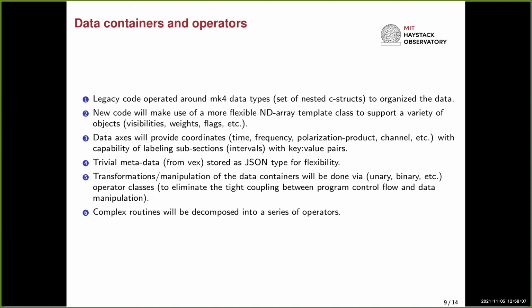And we should be able to label individual chunks of those data arrays with key value pairs. So I think it's a much more uniform interface for how we treat the large chunks of data, and doesn't require all these very difficult to modify nested C structs, which is what the Mark IV data looks like. The trivial metadata that's stored in the VEX file will be transitioned into a JSON format.